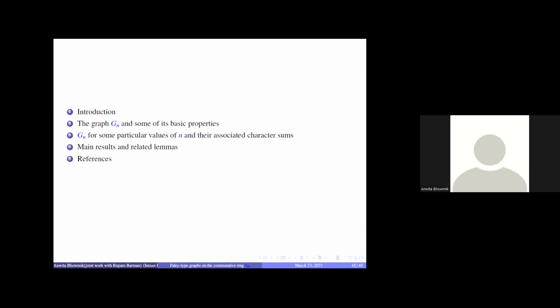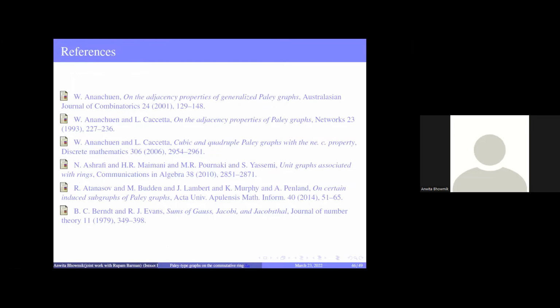This completes the total of our work. And these are my references. Here, Anwita and Cassetta, the cubic and quadruple Paley graphs were talked about. In this paper, the notation of direct sum was used.